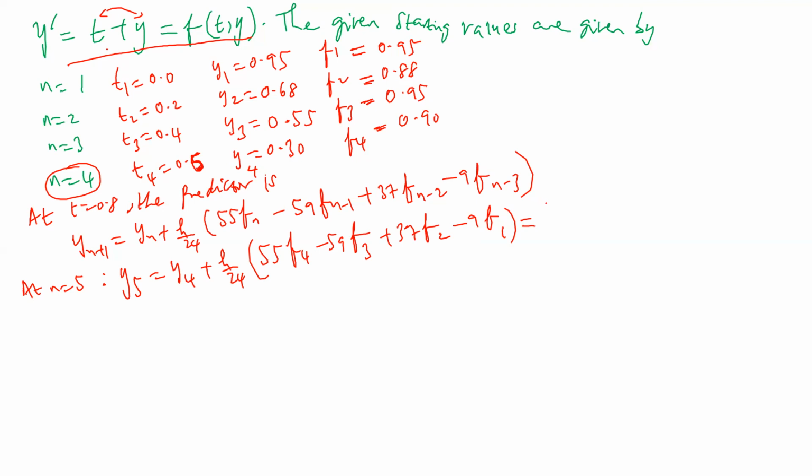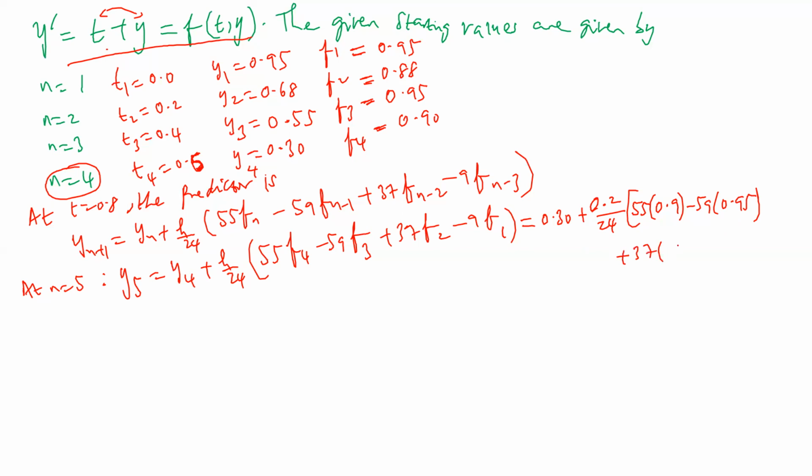Okay, what is y4? 0.30. H is 0.2, over 24, 55 F4, 0.90 or 0.9, minus 59 F3, 0.95, plus 37.